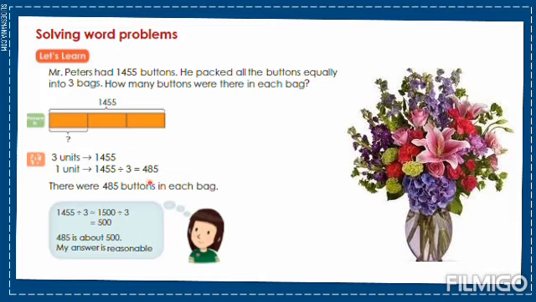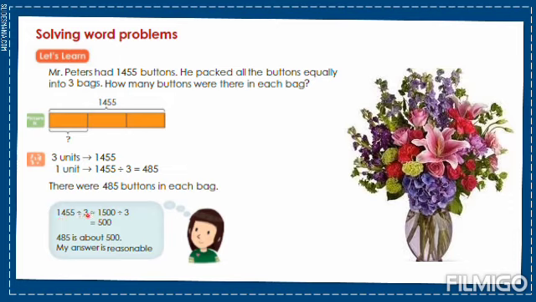So there were 485 buttons in each bag. So the final answer is there. But we're going to estimate, class, in finding the answer. So now here, 1,455 divided by 3.